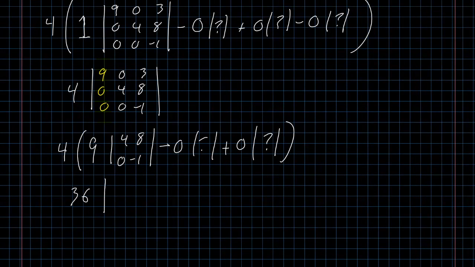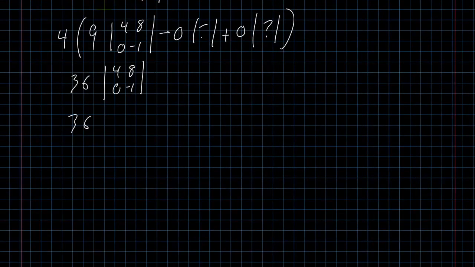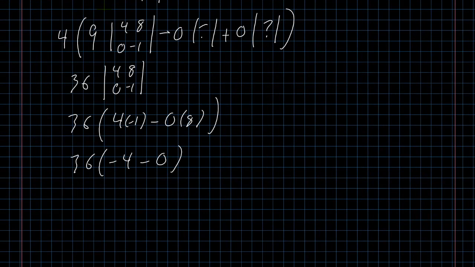All I have to do is 36 times the determinant of the 2 by 2 matrix 4, 8, 0, negative 1. All right, so 36 times negative 4, which is negative 144.